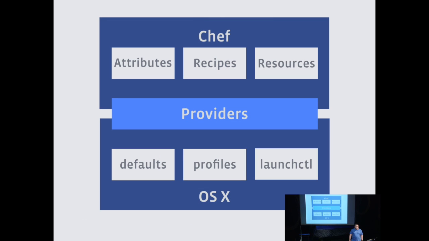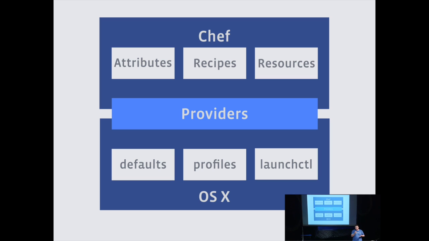So how does Chef interact with OS X specifically? Chef is an abstraction layer that sits on top of all the OS X commands that we are familiar with. Chef's main purpose is to abstract and standardize how we interact with it. So instead of having a list of commands you run, you just tell it what state you want it to be in.